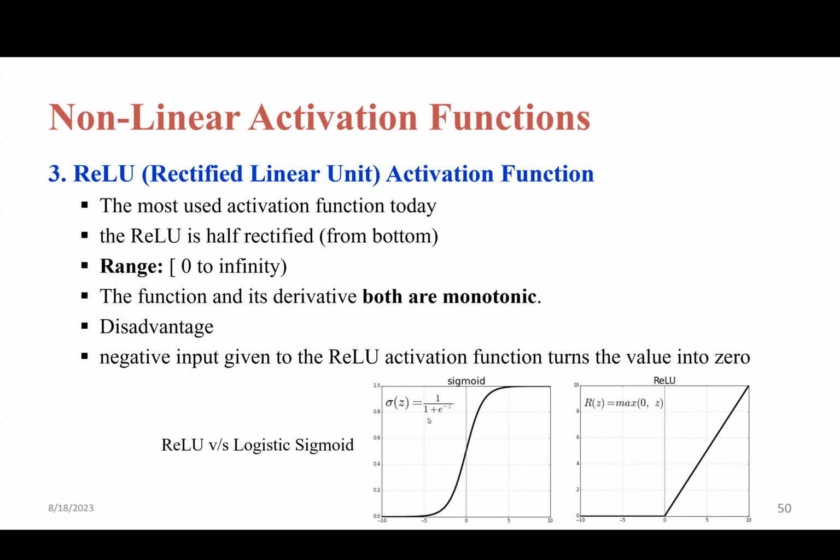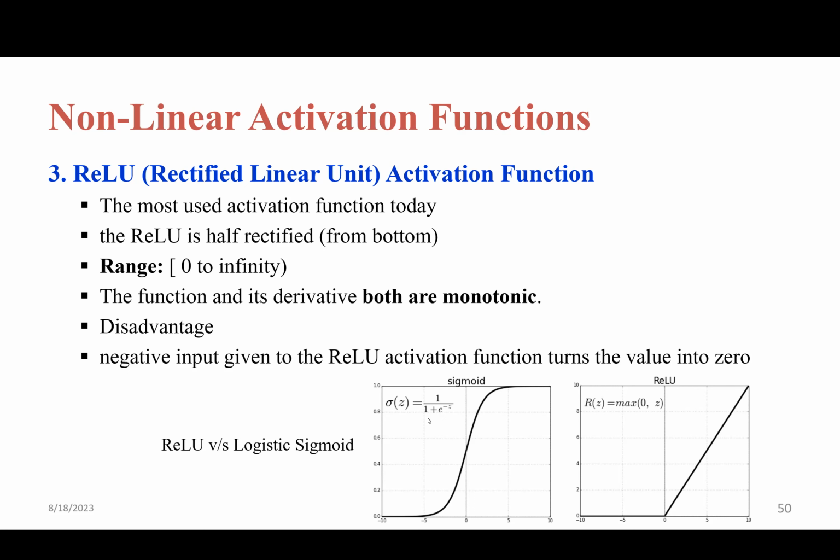But the issue is with this ReLU activation function. Anyone can tell the issue? What is the issue? All negative values become 0 immediately, which decreases the ability of the model to train from the data properly, because all the negative values become 0. So the model is not learning from negative values.